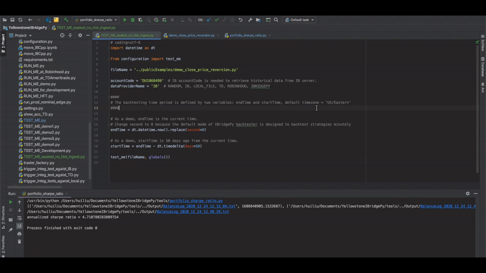You must come up with a question, why would you want to use random data to run a backtester? It means nothing. Okay, the reason for the existence of this random data provider is sometimes when you are working on your project, very likely you don't care about the backtest result, but you really care if your code is correct.